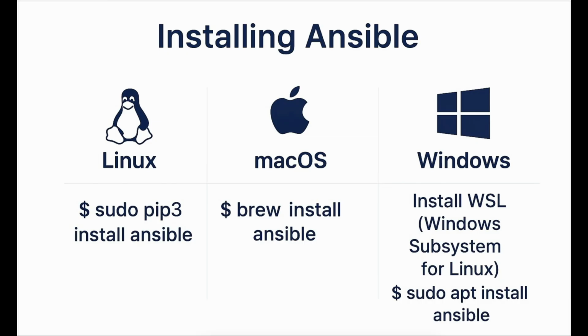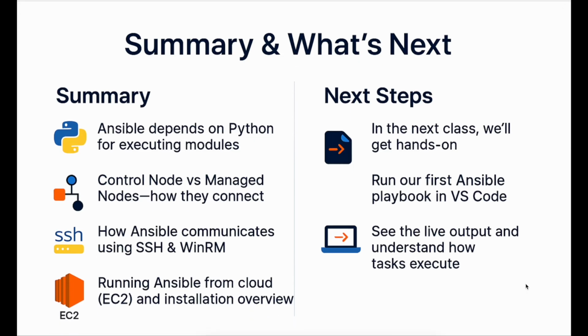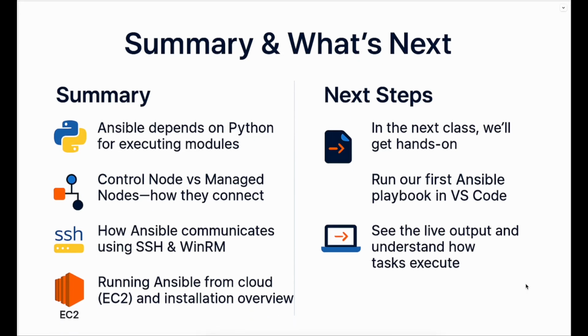Alright, let's quickly recap what we covered in this class. We started by understanding why Ansible needs Python, since it's built on Python and uses it behind the scenes to execute modules on target systems.